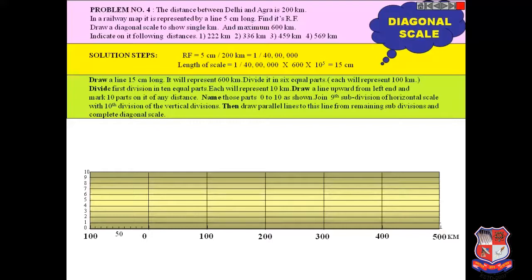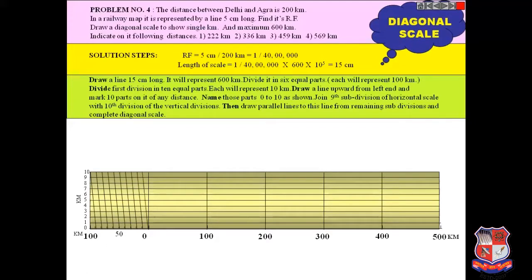Now join the 9th subdivision of the horizontal scale with the 10th division on the vertical scale. Here is your 9th division on the horizontal scale and 10th division on the vertical scale. So you have to join those two points. In the same way, join all the lines.